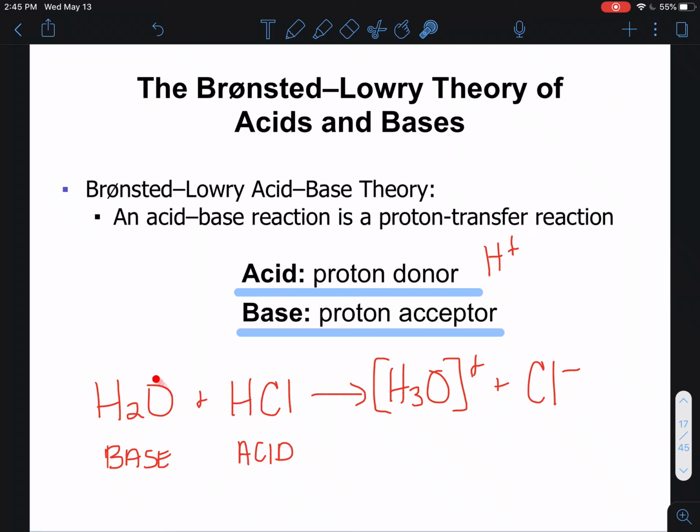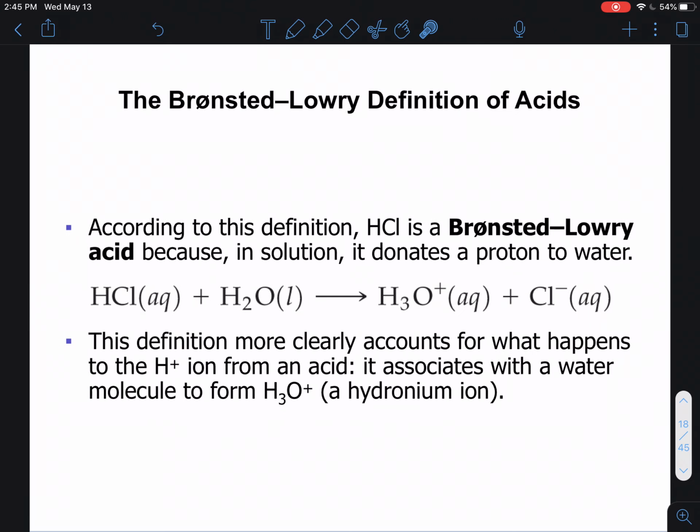Even though this is an aqueous solution, you can see how Bronsted-Lowry acids and bases are more encompassing. This isn't a base because it generates OH- in solution. It's a base because it accepts the proton from the acid.